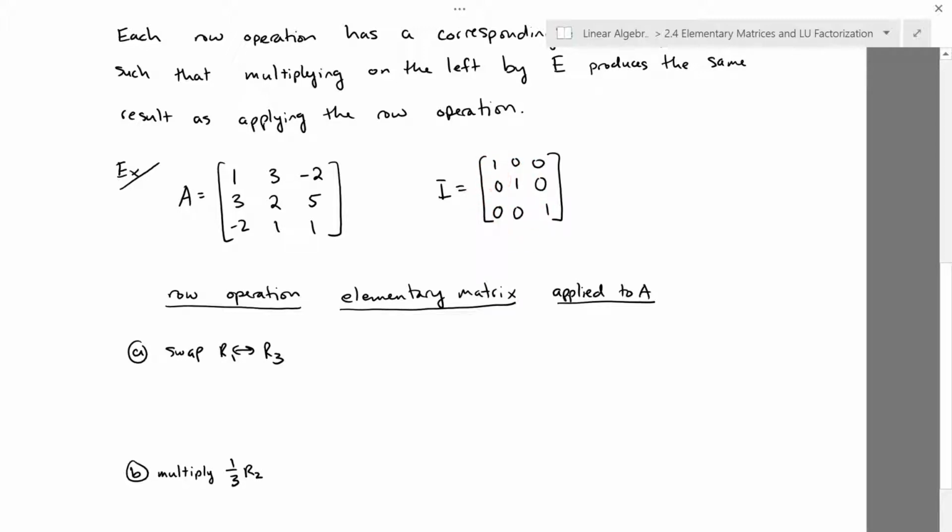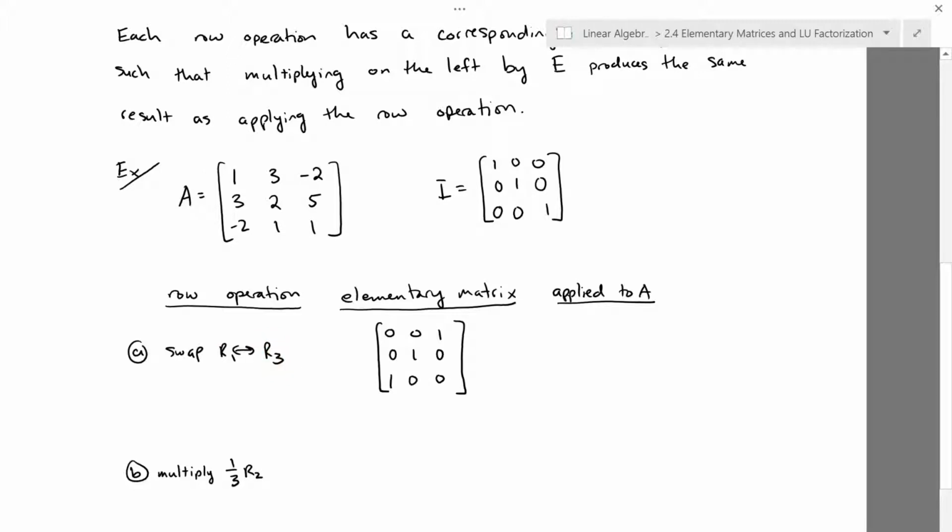So row 3 goes into row 1, row 2 stays the same, and then row 1 goes into row 3. And so this is the elementary matrix you get when you swap rows 1 and 3.